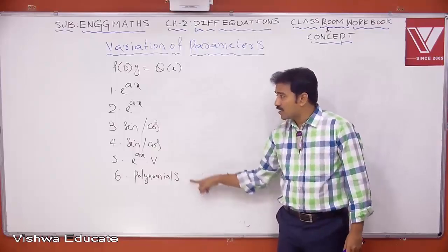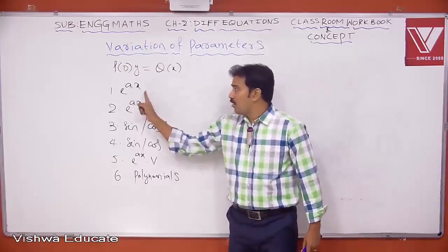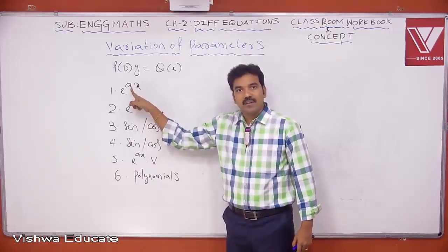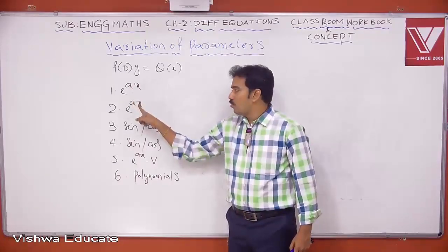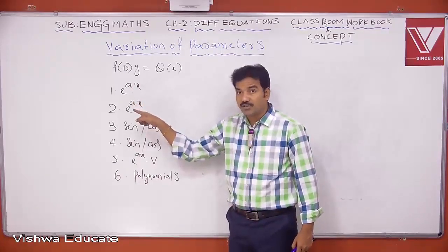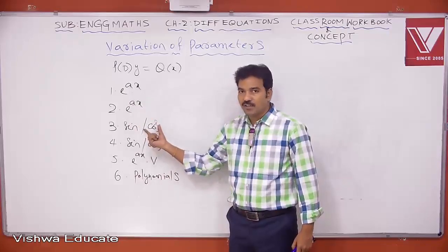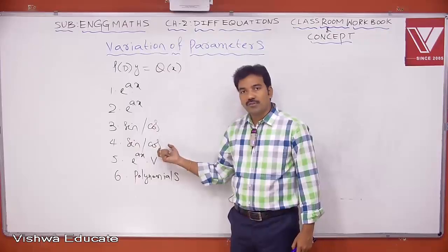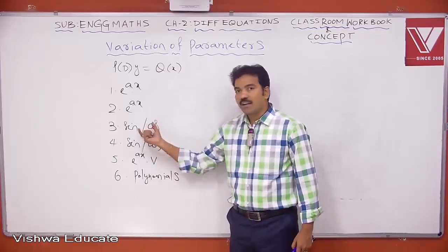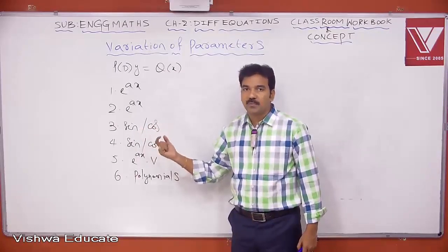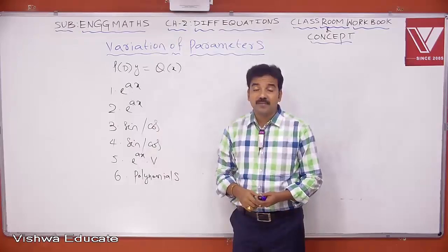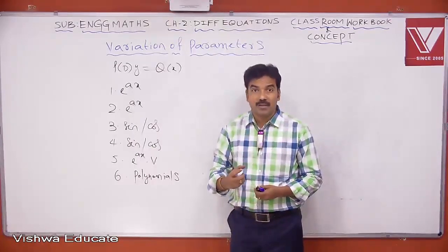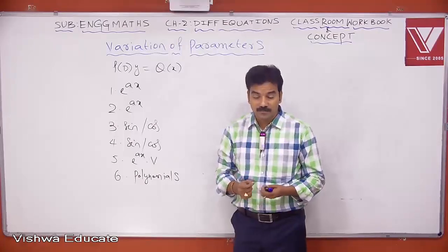See, when you look at all the 6 cases, exponential function we have seen in 2 different cases. If a is not a root of auxiliary equation, in case 1. If a is a root of auxiliary equation, we have seen in case 2. This is sine of ax plus b, cos of ax plus b. So here sine of ax plus b or cos of ax plus b, we have seen in case 3 when denominator is not equal to 0, when D square is replaced by minus a square, right?